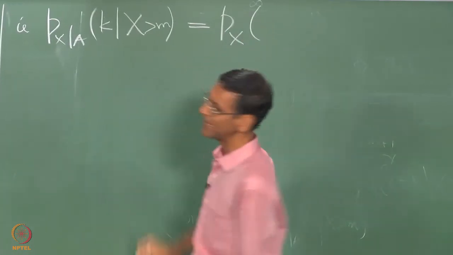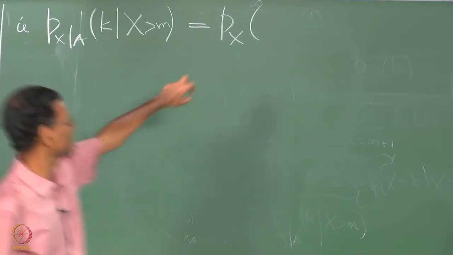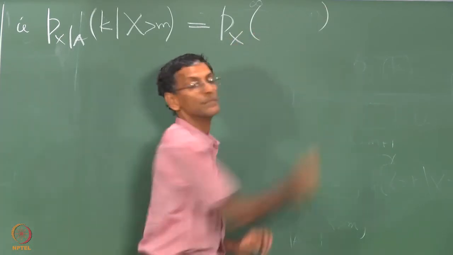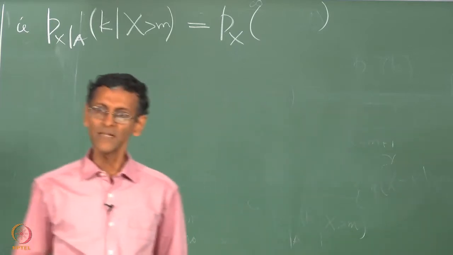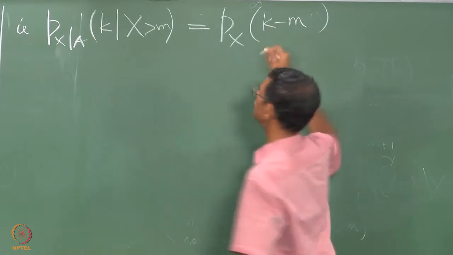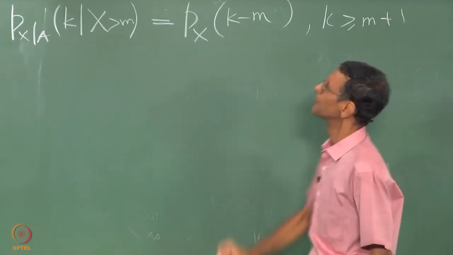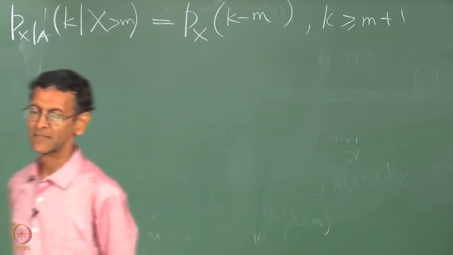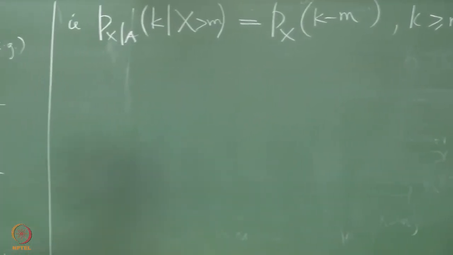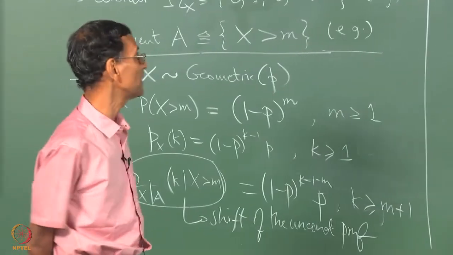If I want to write Px, what would I write here? I would just write k minus m, for k greater than or equal to m plus 1. So that in one line encapsulates the memoryless property of the geometric PMF.